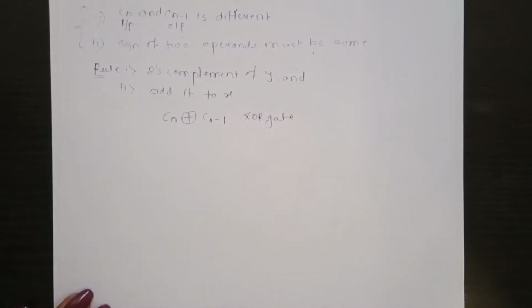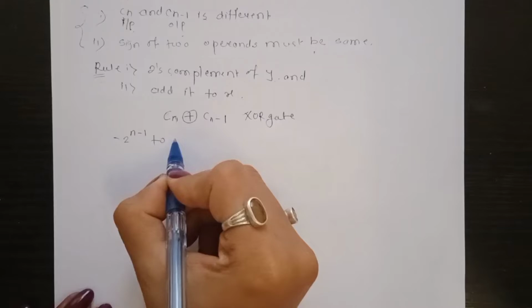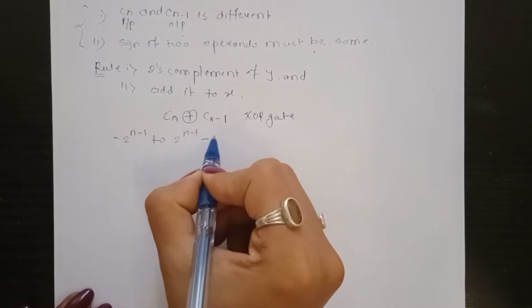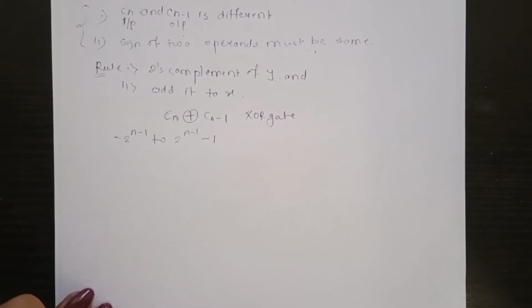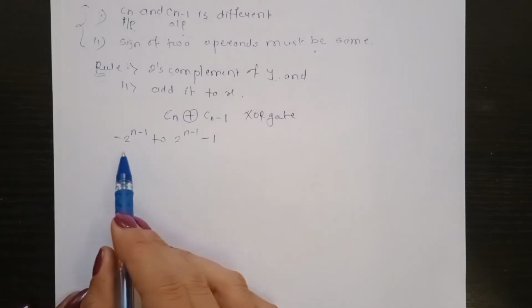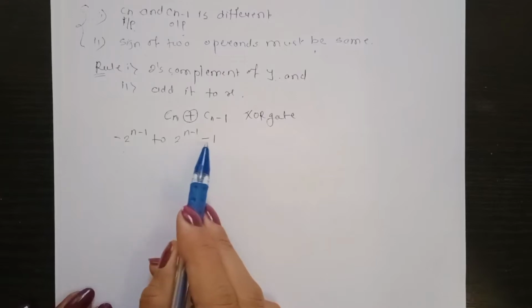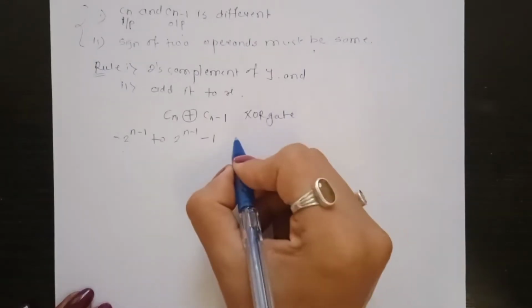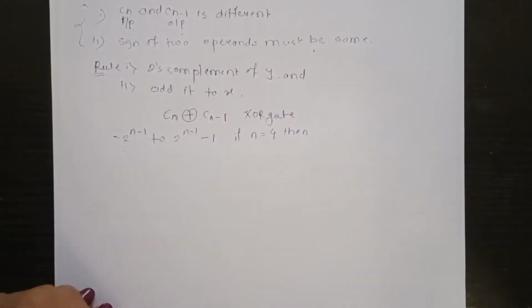In 2's complement number representation, n bits represent values in the range of minus 2 raised to the power n minus 1 to 2 raised to the power n minus 1, minus 1. So let's consider n equals 4, then what will be the range?